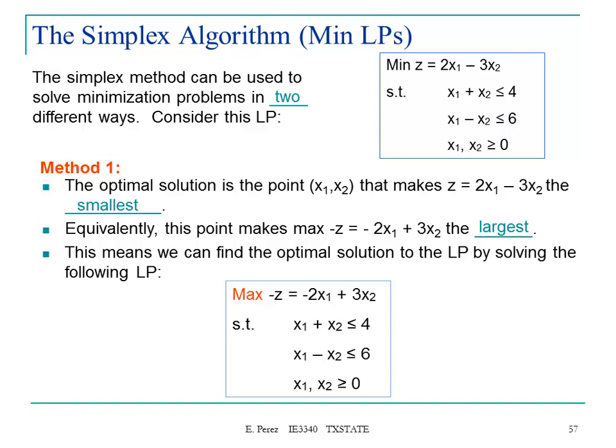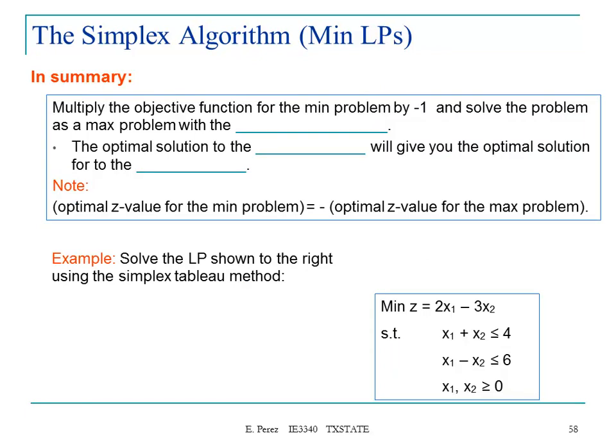If you maximize minus 1 times this objective function, it's the same as minimizing this objective function. So the only thing you're going to do for method number 1 is multiply the objective function times minus 1 and maximize it instead. Those two problems are equivalent. So that's the first method.